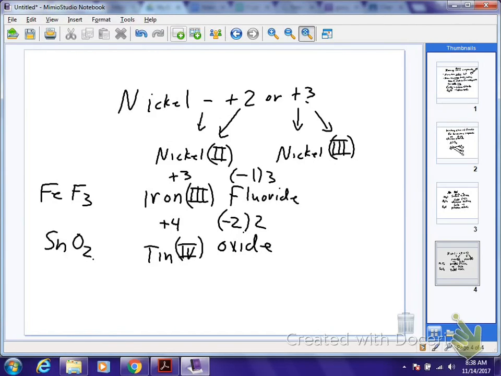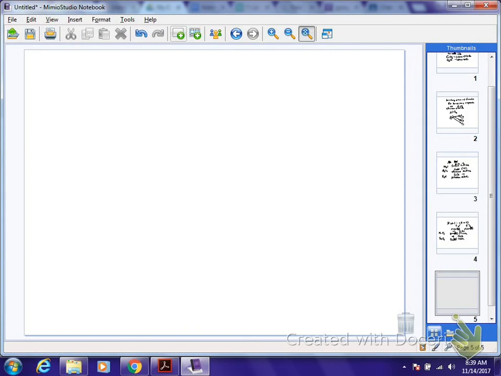They'll just say the answer is iron fluoride. Which iron though? Is it 2 or 3? So you have to determine what that is and then write that Roman numeral in. This is the most difficult part, I think, when doing these: when I give you a formula and you have to write out the name and include the Roman numeral. So I'm going to give you a couple.